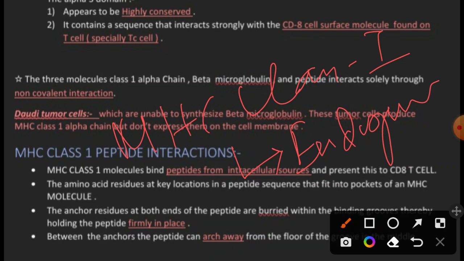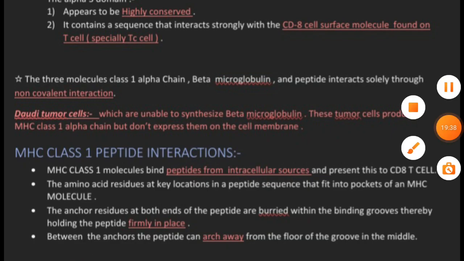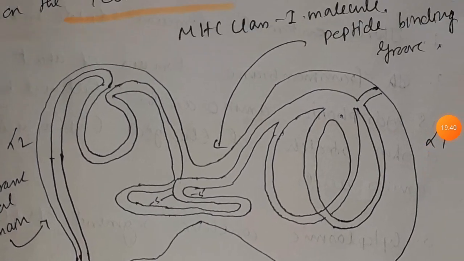And the MHC class 2 molecule is going to look at the problems of the outside. That is why exogenous antigen. Okay, I hope after that you will not forget which MHC molecule deals with which type of antigen.